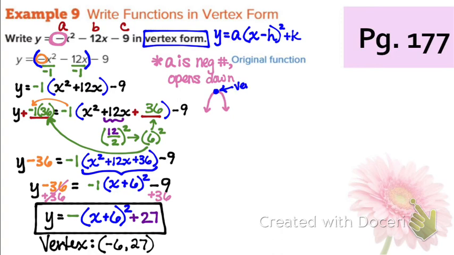Maximum. Vertex is maximum. So the vertex that we just found, is that a maximum or a minimum? Maximum. All right.